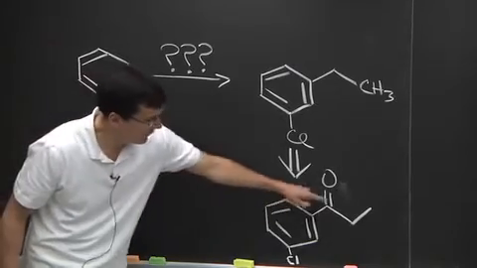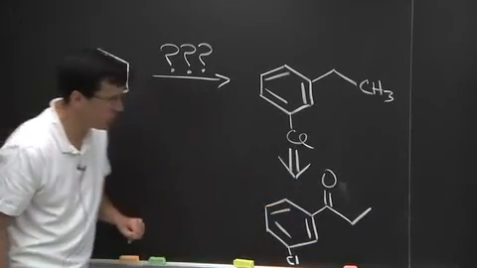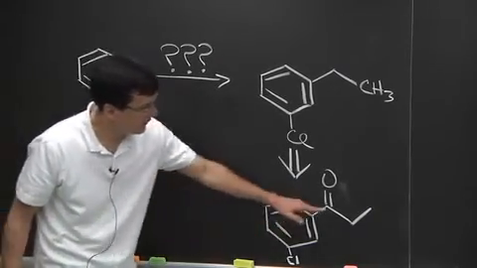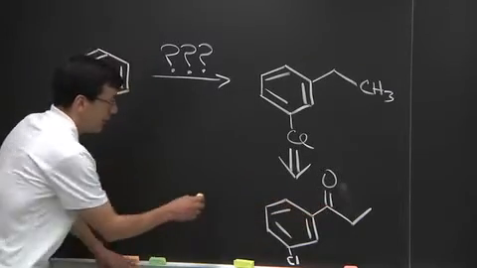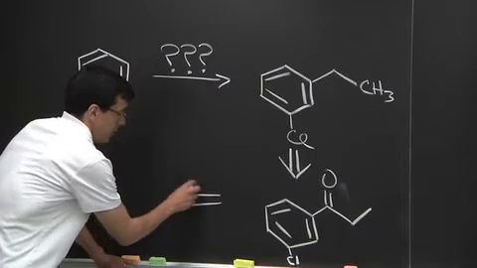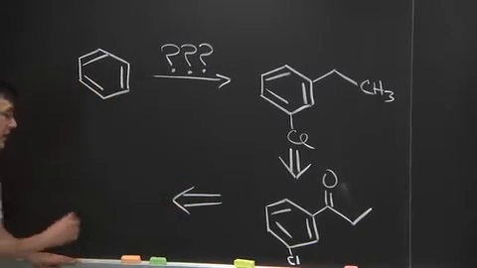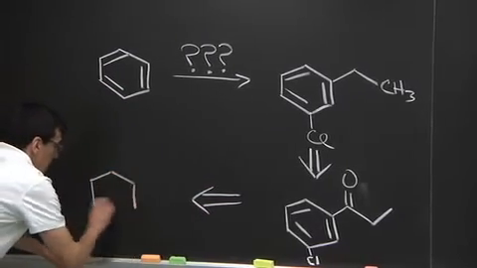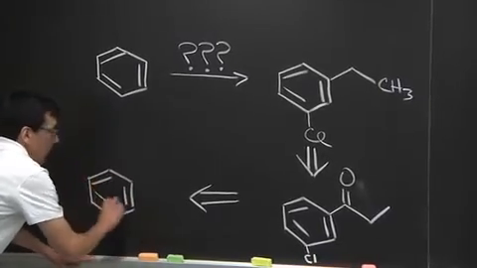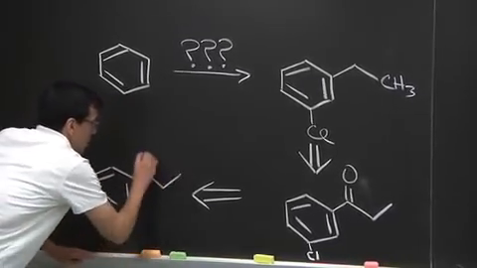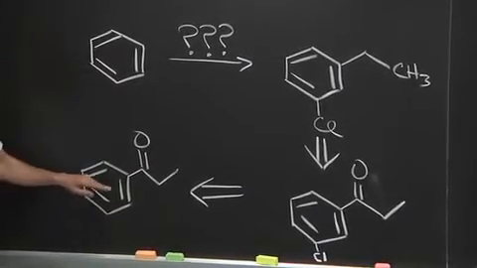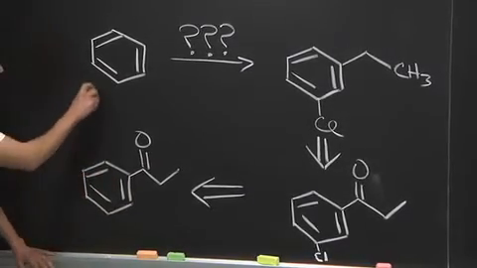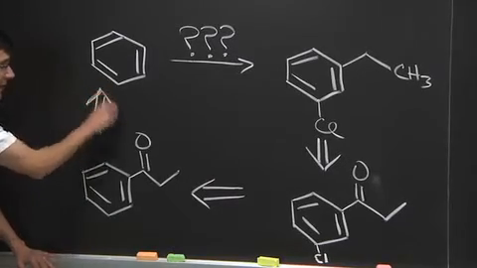And now we have two groups that are in a meta relationship to each other, but at least one of them, namely this acyl group, is a meta-director. So maybe we could generate that by chlorination of this compound. And then this compound could itself come from benzene.